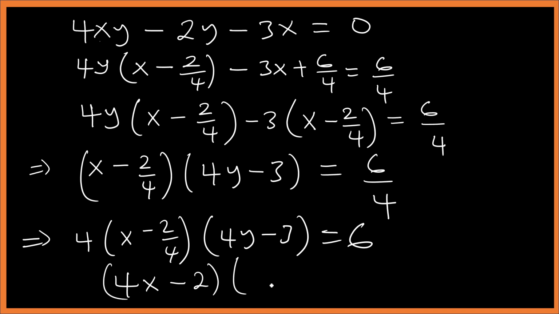And this side will be 4y minus 3 equals 6. As simple as that. Okay. Now let's go ahead and then solve for x and y here. So let me repeat it here. 4x minus 2.